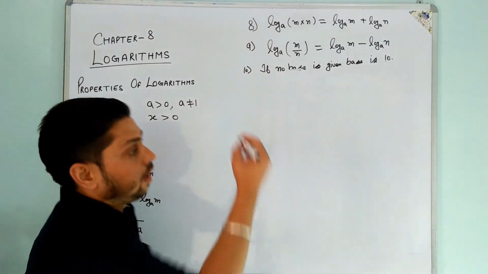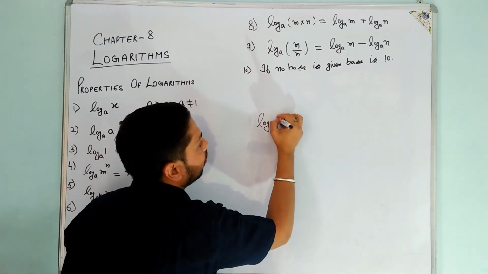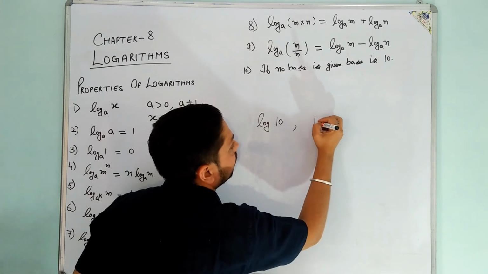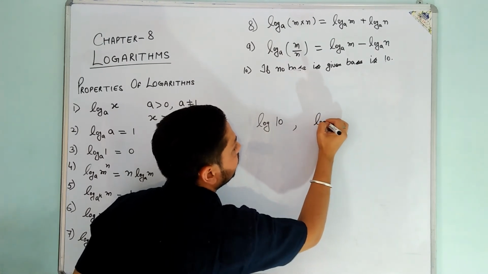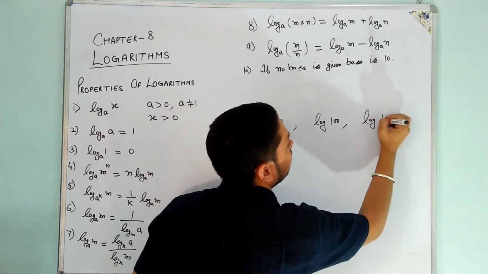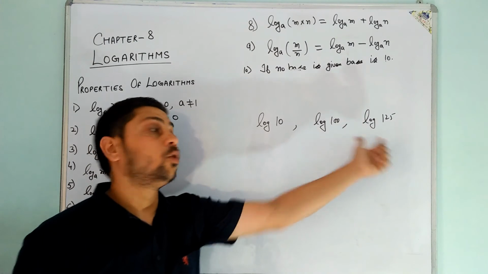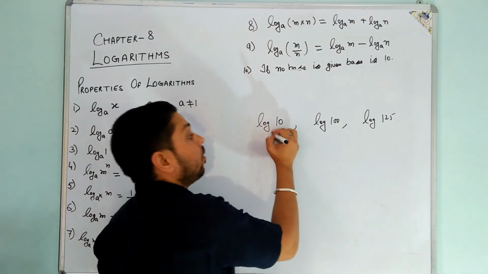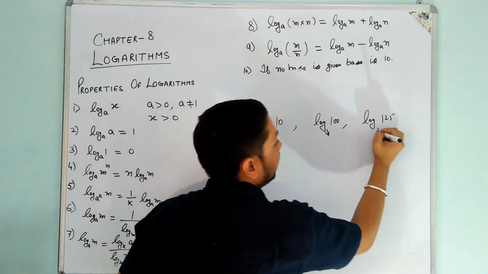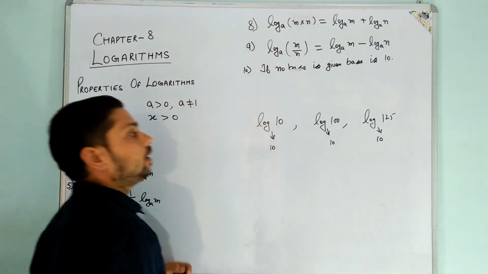Sometimes the question will be given like this: log of 10, log of 100, log of 125. Now here you can see that no base is given. Whenever there is no base, you always take it as 10.